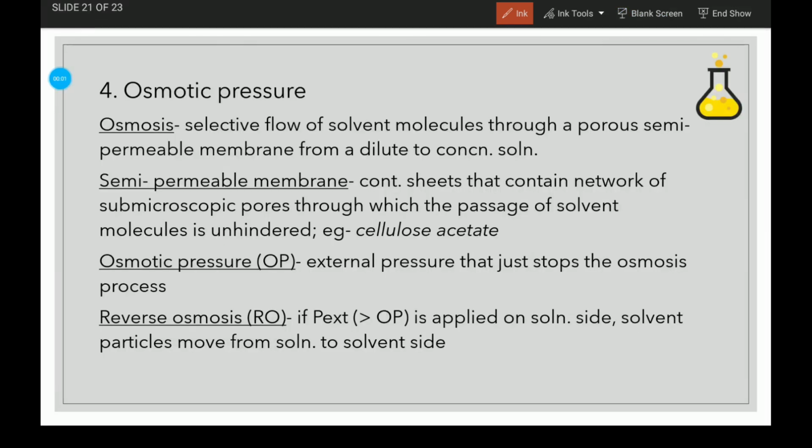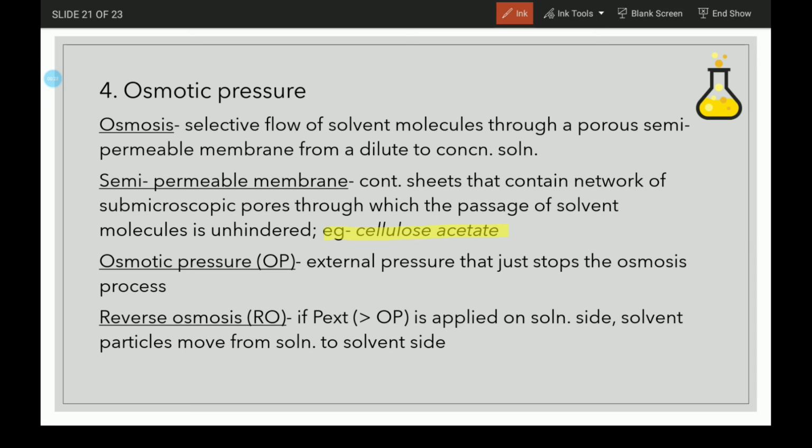The fourth colligative property is the osmotic pressure. Now this is a little bit of the theory behind osmosis, something which we have already learned in class 9. The important takeaway over here is the example of the semi-permeable membrane, that is cellulose acetate. Another important point to note is the osmotic pressure.